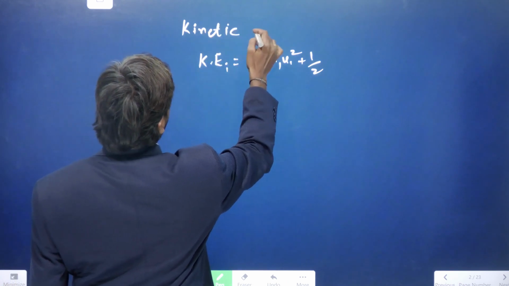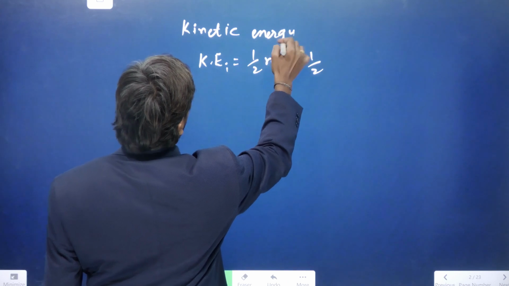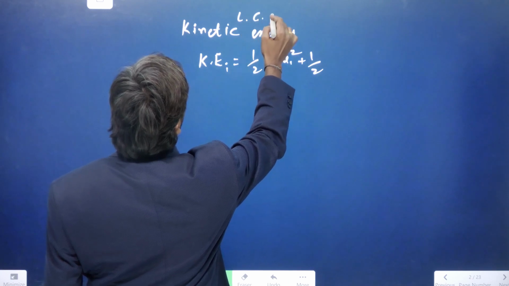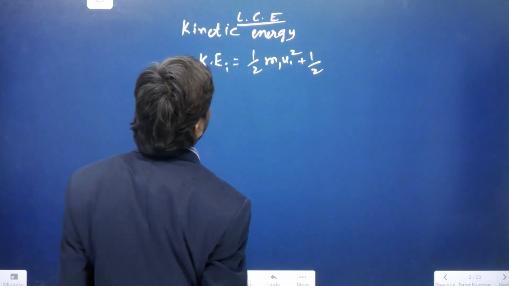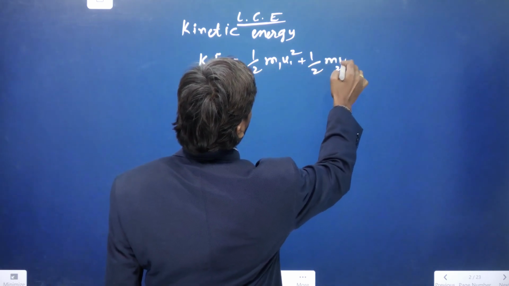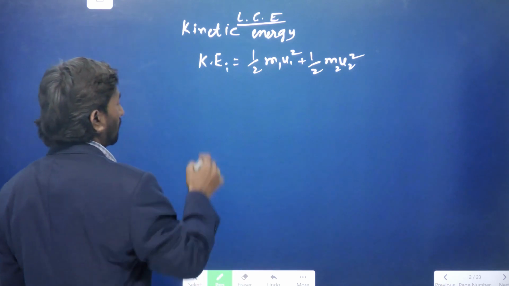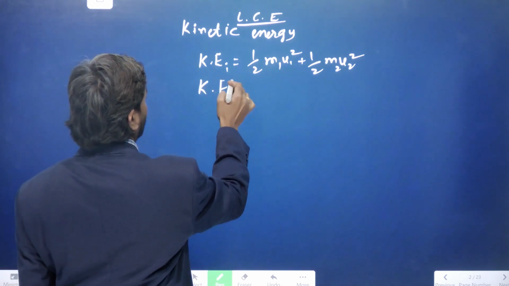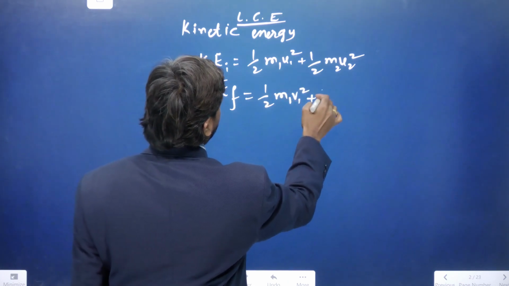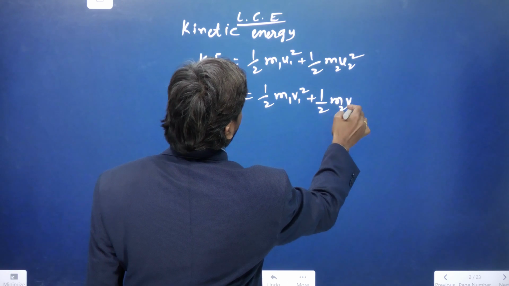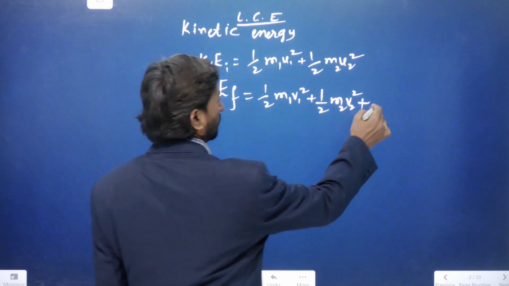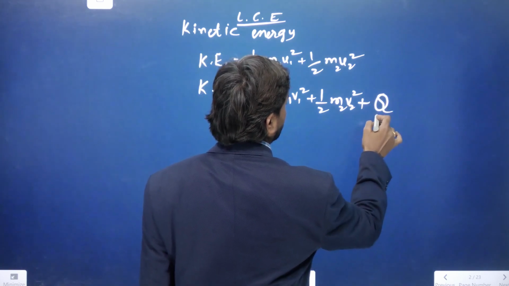By the law of conservation of energy, after the collision the final kinetic energy is half m1 v1 square plus half m2 v2 square, plus the energy loss, written as Q. This is the extra energy.